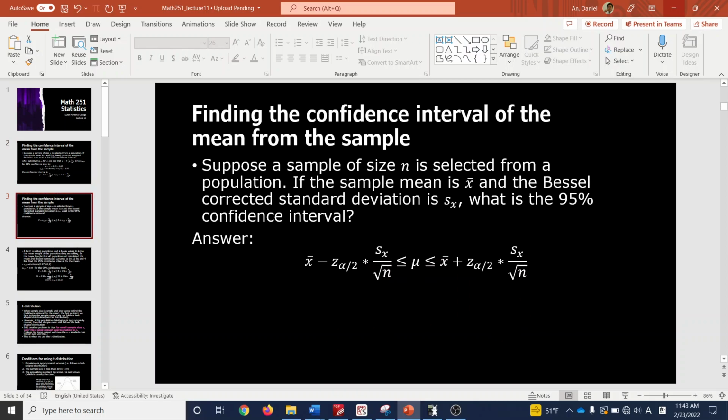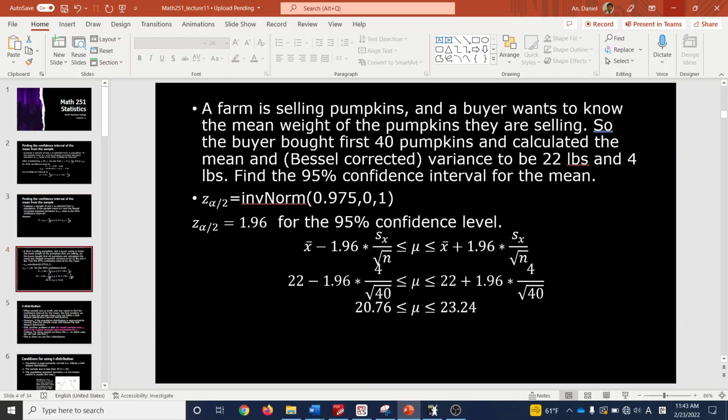And we just put in everything, and the result was that with 95% confidence level, we were able to say that the mean value of the pumpkin weight is between 20.76 to 23.24 with 95% confidence. That's what we had. Okay.